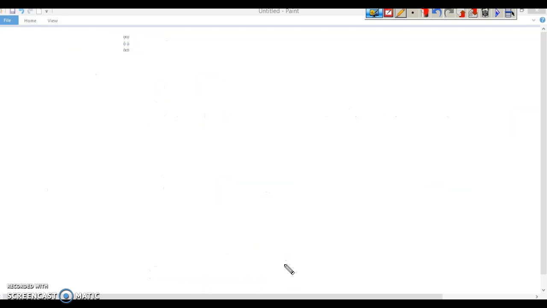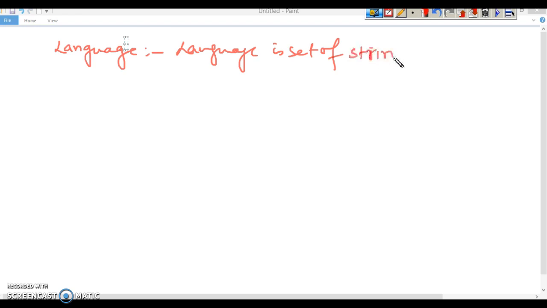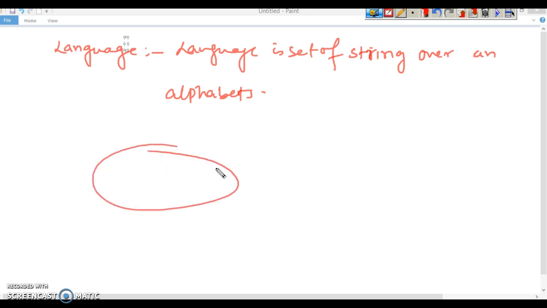Another thing is: what is a language? A language is a set of strings over an alphabet. For the machine I have designed, which accepts an even number of A's, whatever input I give, A, 2A, 3A, 4A or 6A, these are all strings only.